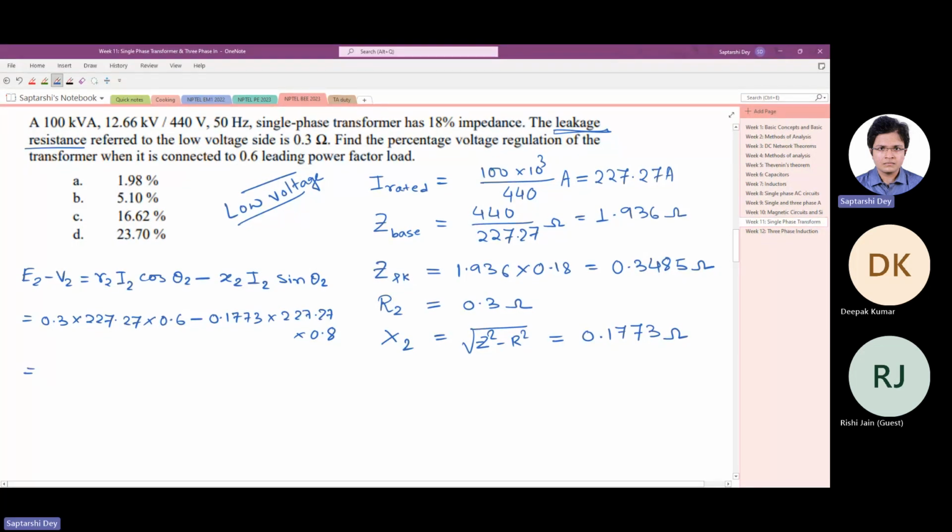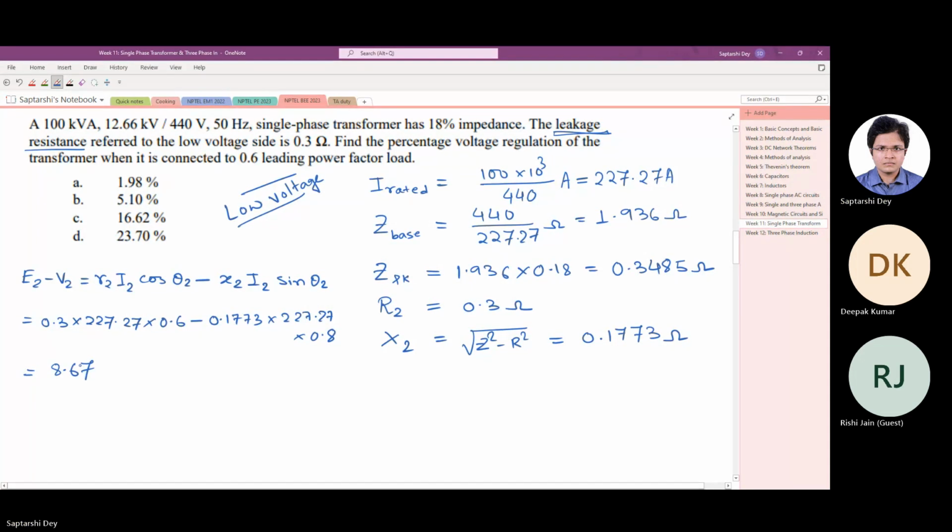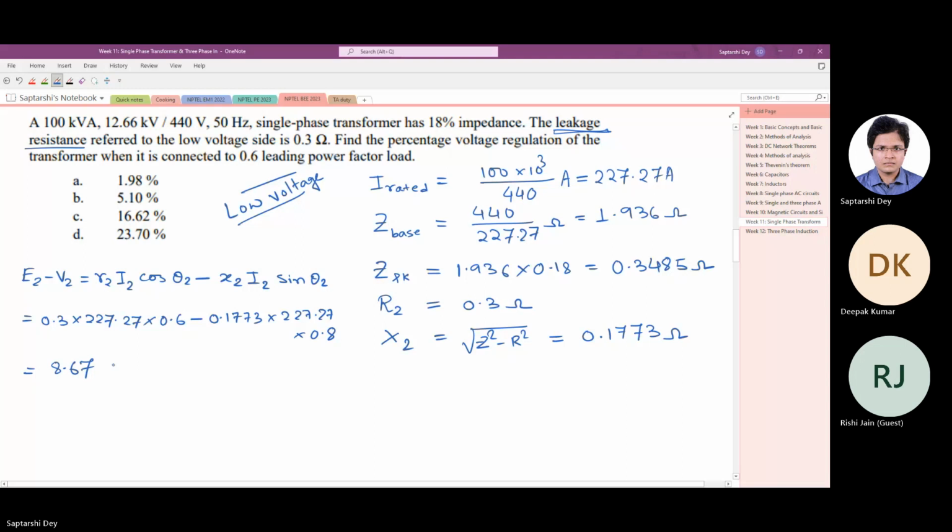Now if you calculate this, it will be 0.3 times 0.6 minus 0.1773 times 0.8, which gives us a positive value, 8.67 volt.